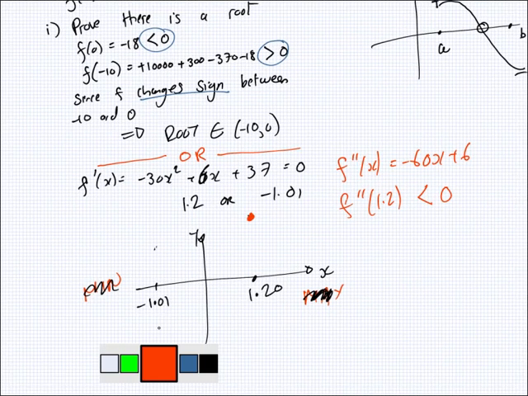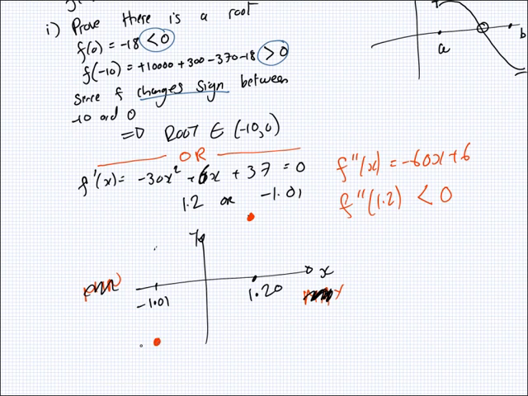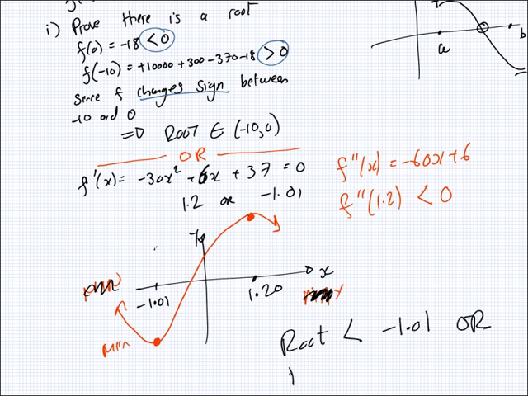Right, it's down here. And this is still the min, and this is still the max. So it must be going like this. So we know that there's a root to the left of minus 1.01, or there's a root to the right of 1.2.